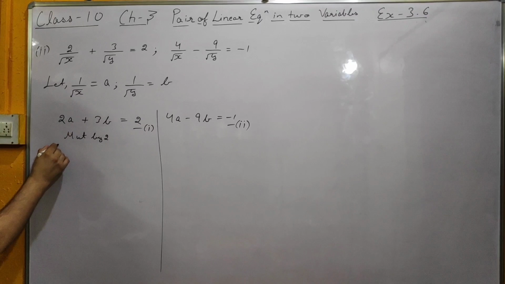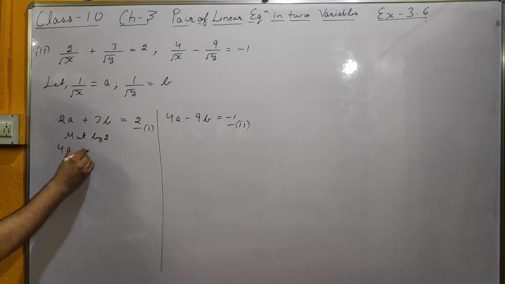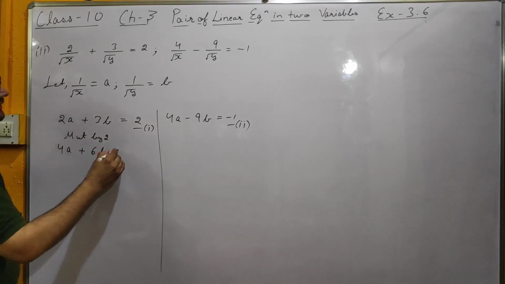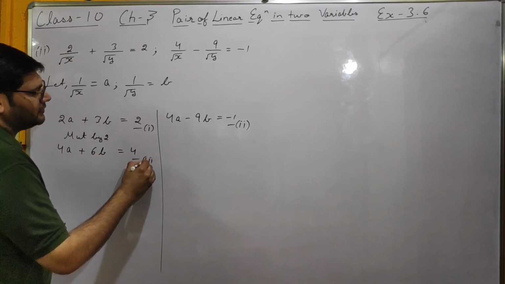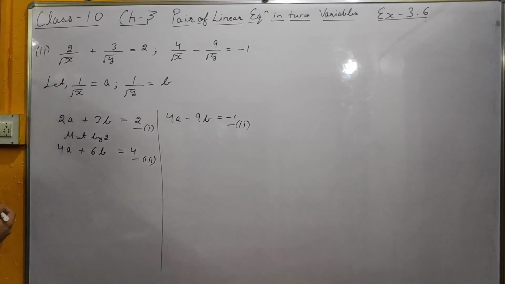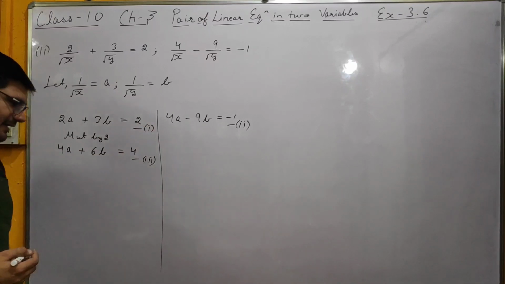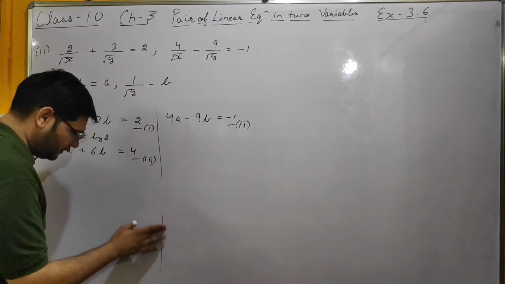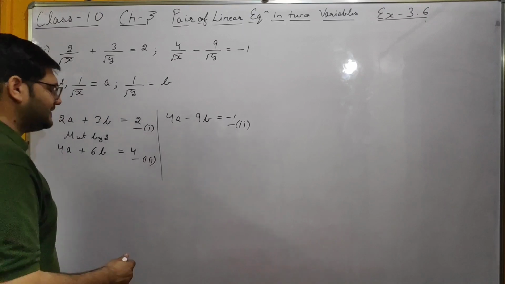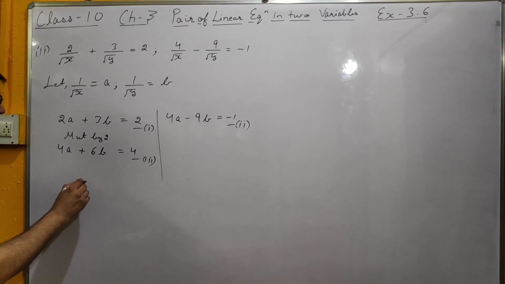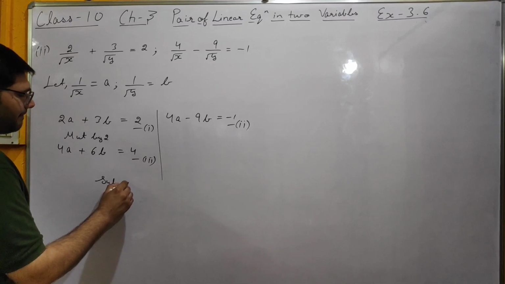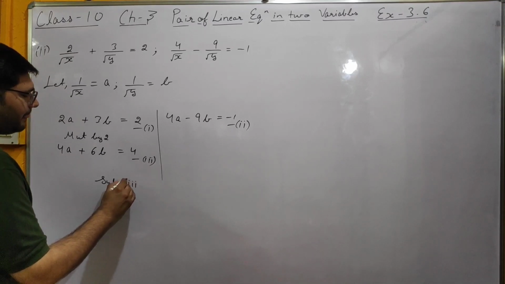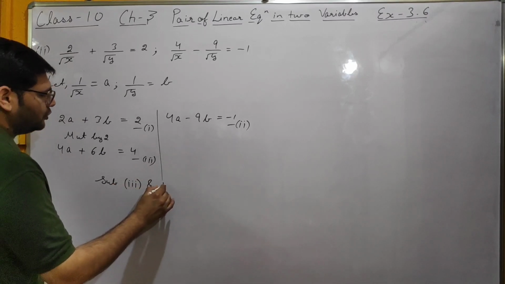After multiplying it by 2, we get 4a plus 6b equals 4. This is equation number 3. Here the 4a terms are equal. Now what will we do? Let's subtract equations 3 and 2.